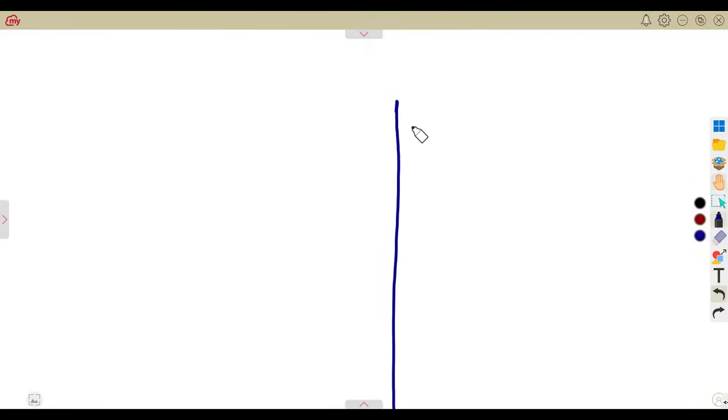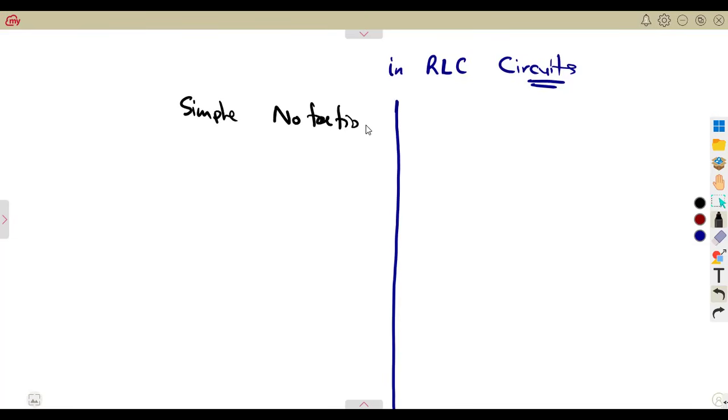In RLC circuits, we are now talking of the application of the J notation, the complex numbers. Before, we had a simple notation. If we check all the examples that we have been doing, they were for just a simple simplification.